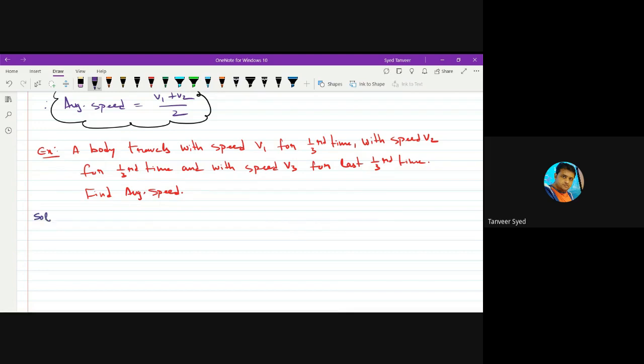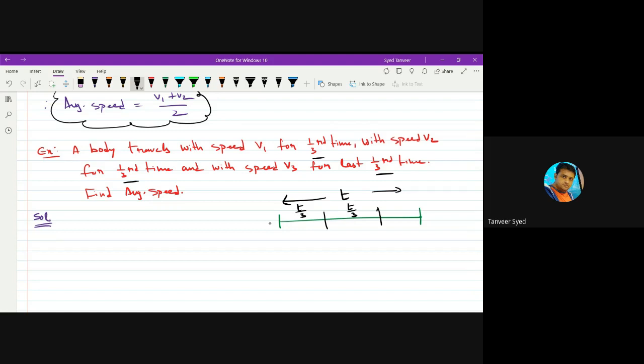Read the question, understand the situation. Body is traveling for some time. The total time is t. Okay. How is this time covered in three parts, three equal parts? One third, one third, one third. So this is first one third part of time, t by 3.